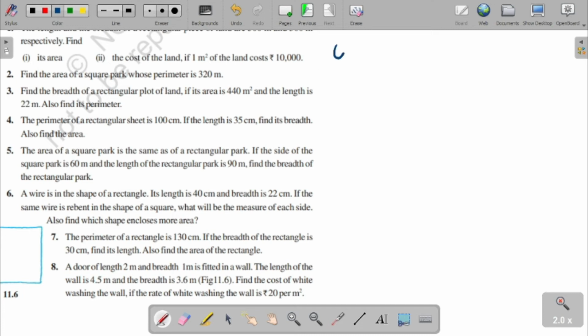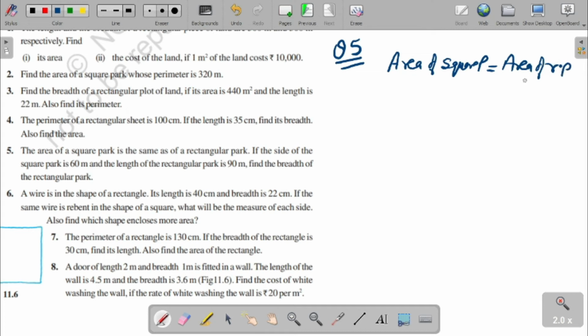In question number 5, you can see the area of the square park is the same as the rectangular park. Here we have been given one relation: area of the square park equals the area of the rectangular park.